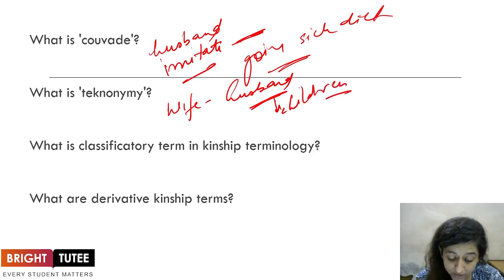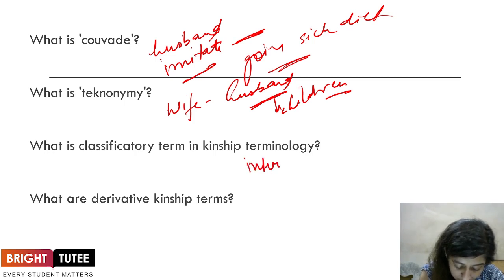What is the classificatory term in kinship terminology? The classification of kinship terminology depends majorly on two aspects. It is about understanding the interrelationships between the various family members.